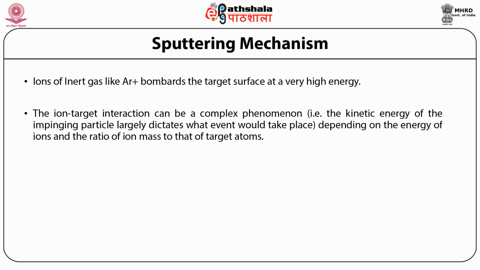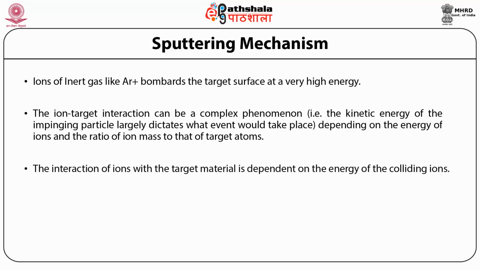So depending on the energy of ions and the ratio of ion mass to that of target mass, the interaction of ions with the target material is dependent on the energy of the colliding ions.